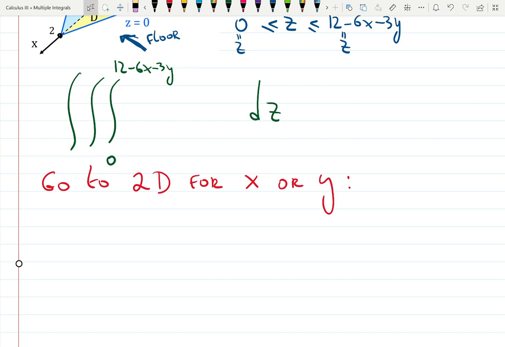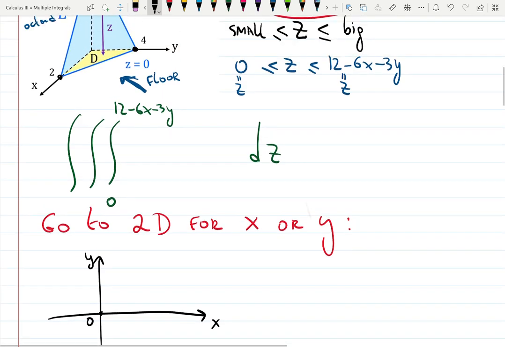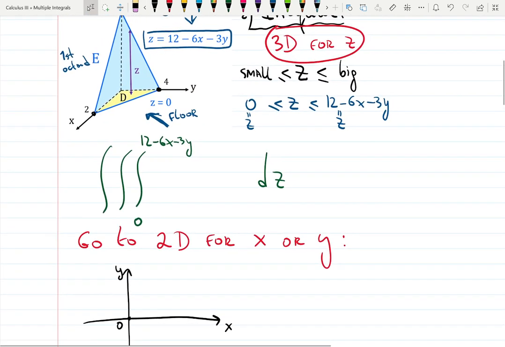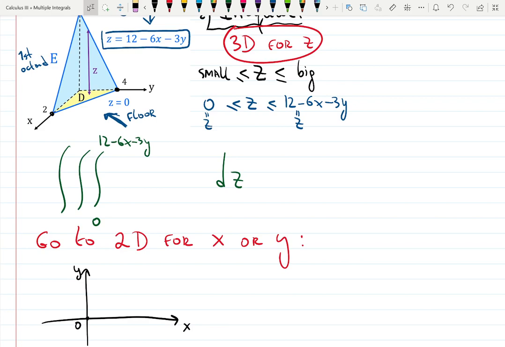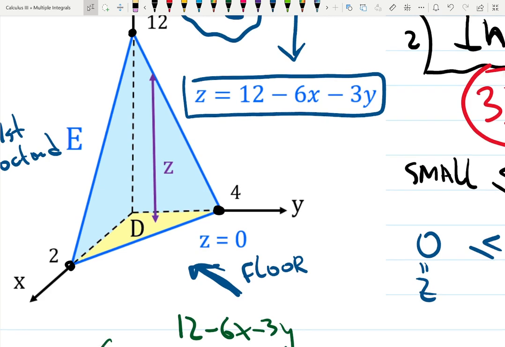For y, we need to draw a 2D picture. What is the picture of the floor of this 3D object, which is now the base for the integral? Without considering z, I want to have this idea finished. Look at the floor of this 3D picture. Whatever is on the floor, that is your 2D picture.